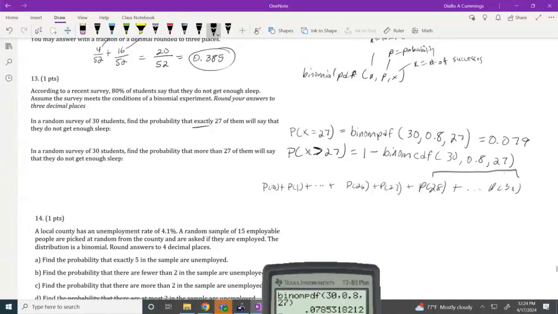My inequality is x is greater than 27, so that means I want 28, 29, and 30. So I can use that binomial CDF. Since that binomial CDF goes to the left, I can find the probabilities from 0 through 27 and basically subtract that from 1.